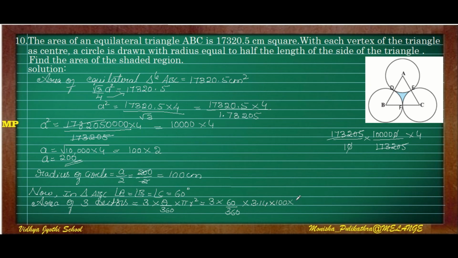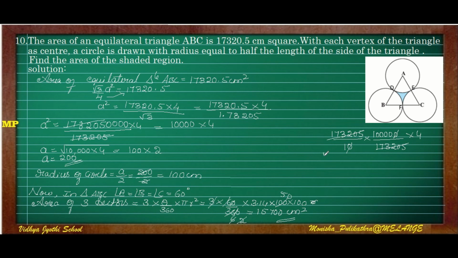So 100 into 100, and we will get 15700 centimeter square. So this is the area of the three sectors.